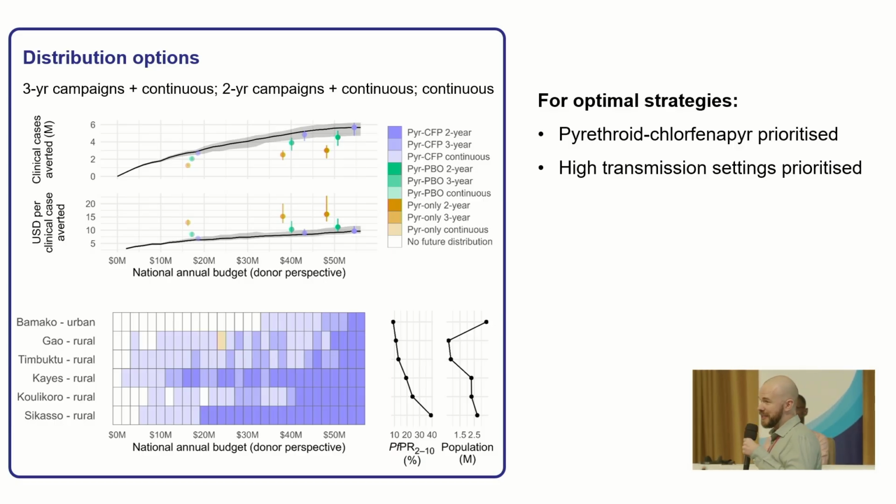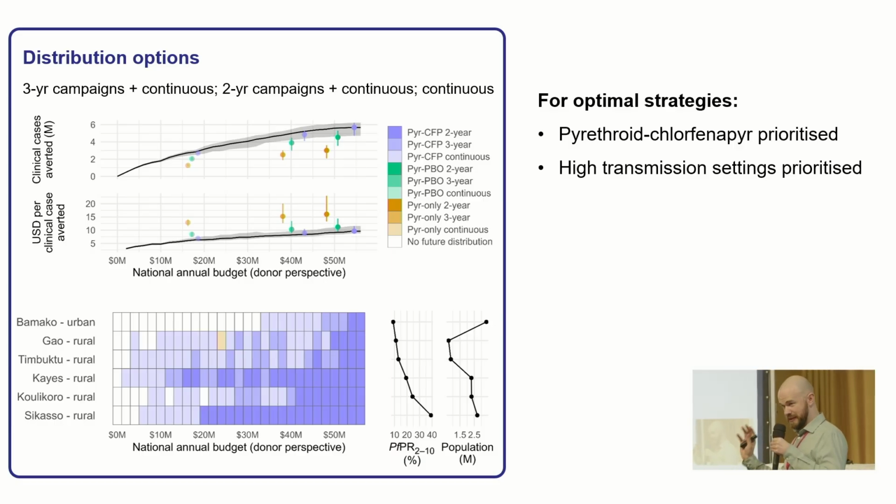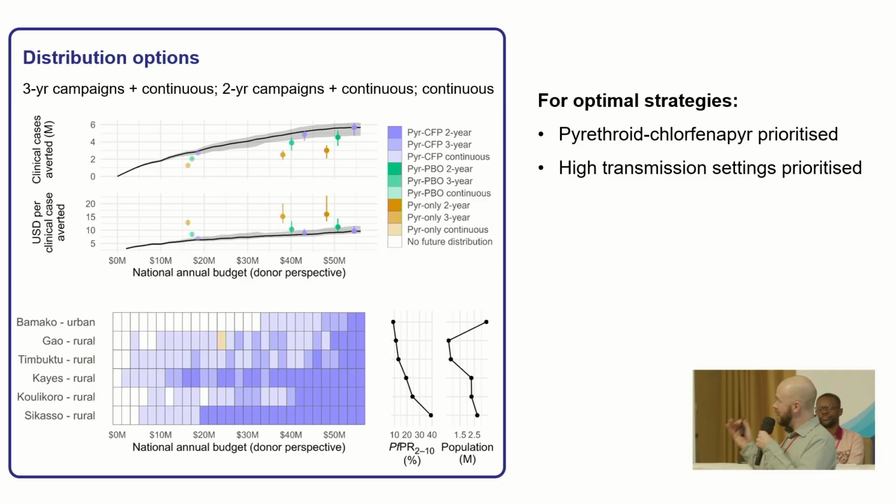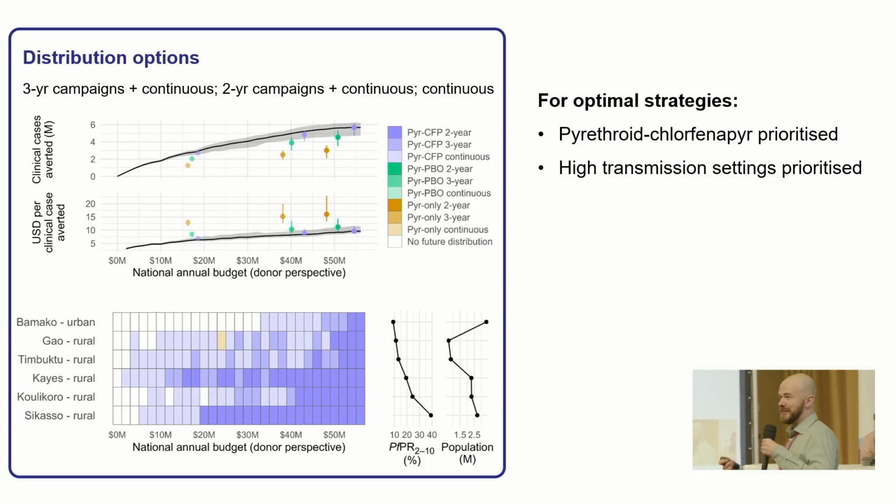I will emphasize that is for this one scenario here in Mali, where we estimated slightly more continuous distribution than in some other settings we looked at. But this highlights that distributing as many nets as possible doesn't necessarily have the most impact. What matters significantly is what nets you're actually distributing.